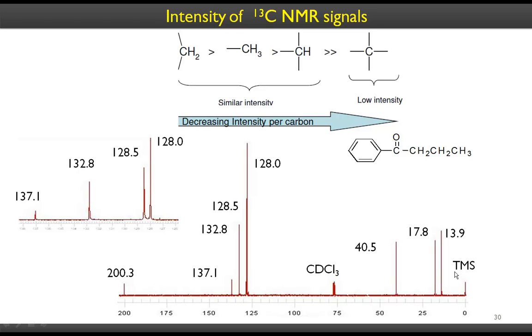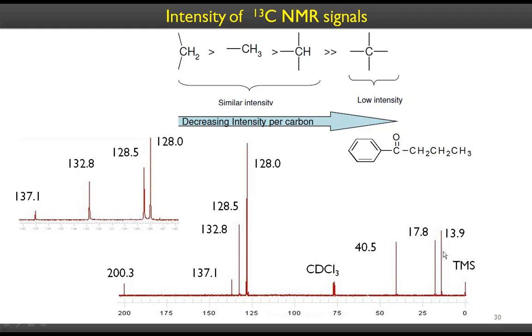Each peak represents a chemically non-equivalent carbon. So this molecule has 1, 2, 3, 4, 5, 6, 7, 8 different types of carbons, so you can expect 8 peaks. I'm ignoring this, which is from CDCl3, and this peak that is from TMS.